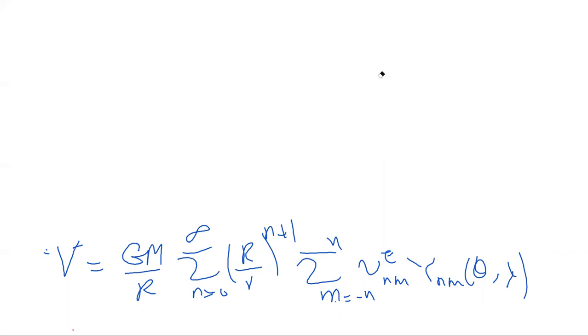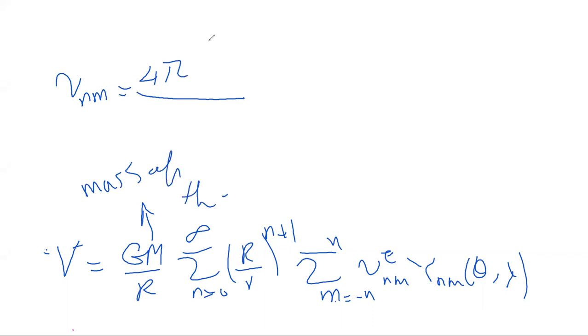So V_nm, the spherical harmonics, will be: 4 pi went inside, and M here is the mass of the Earth. I multiplied a mass and I divided mass.